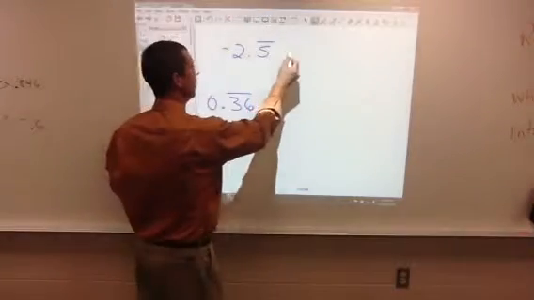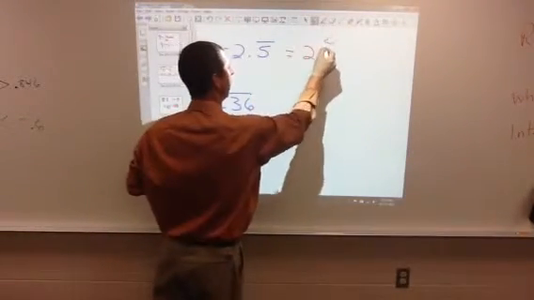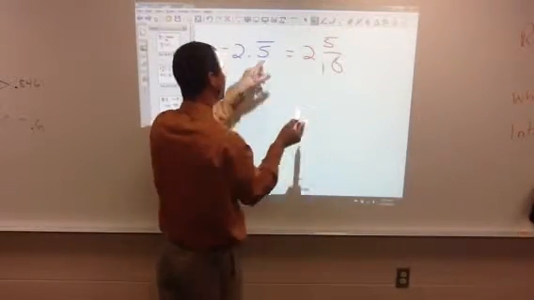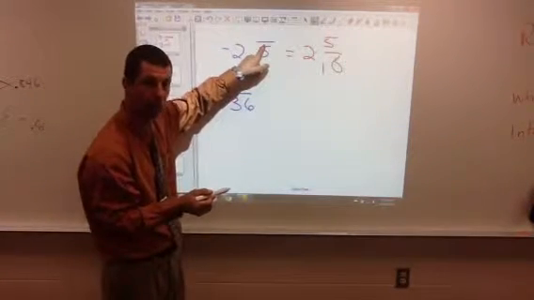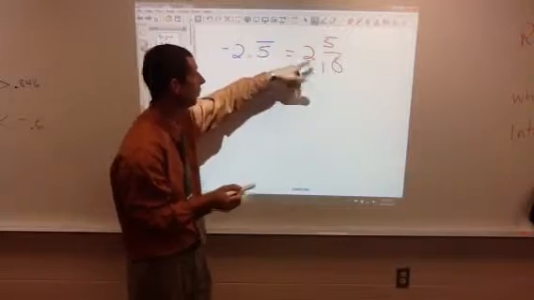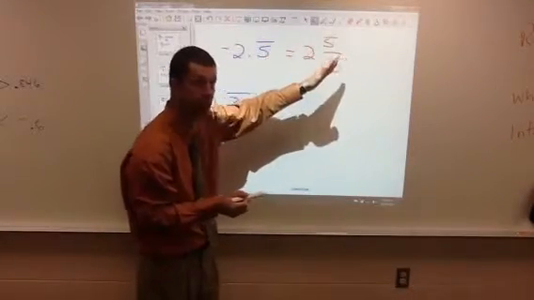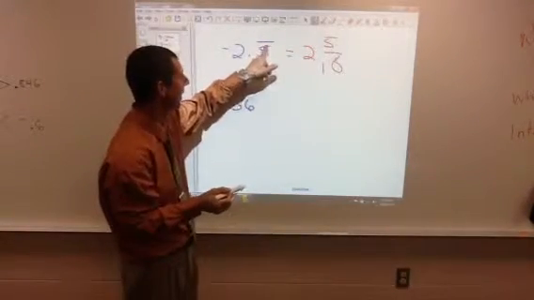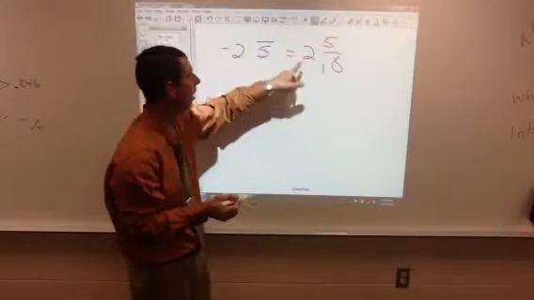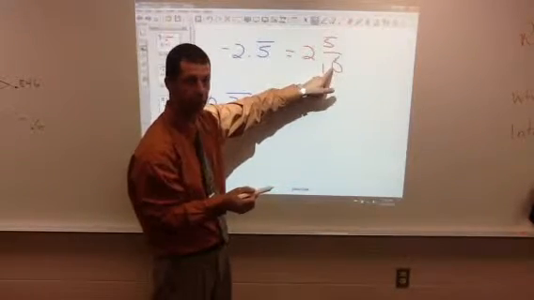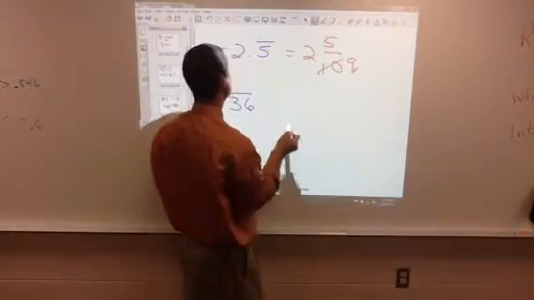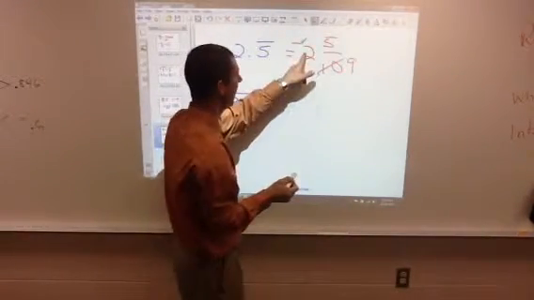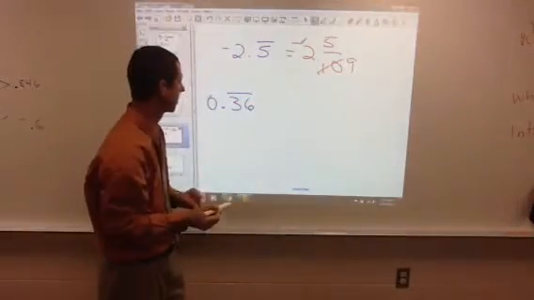So this would be equal to 2 5/10 if you didn't have this repetition bar. But there's a repetition bar there, so we can't ignore it, because it's really not 2 5/10. The 5 repeats. Anytime there's a repetition bar, you take 1 away from this amount, so this becomes 9. So our answer here is -2 5/9.